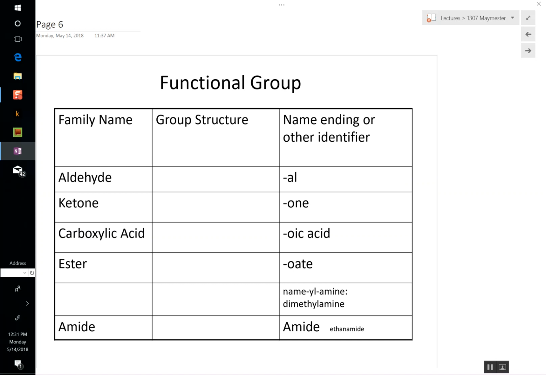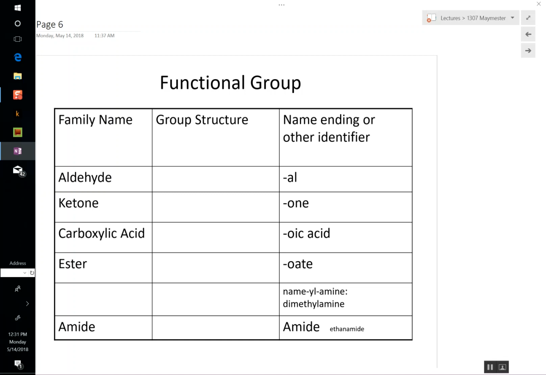Aldehydes are going to have something like this. We'll put a carbon there. There's a carbon-oxygen double bond with a hydrogen on that carbon as well. That's an aldehyde, and they're going to end with that. We take the al of aldehyde and put it on the end of the name, so you know it's an aldehyde.